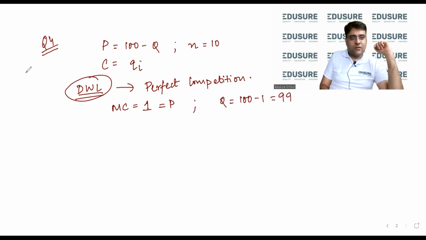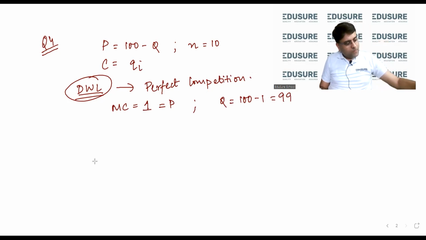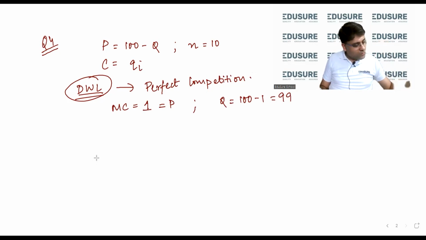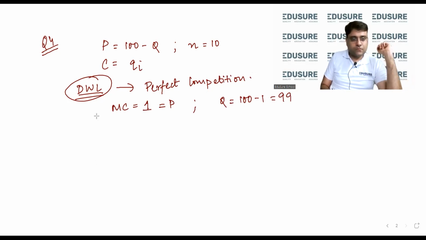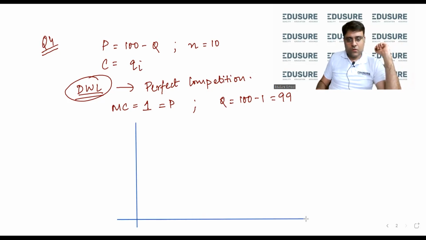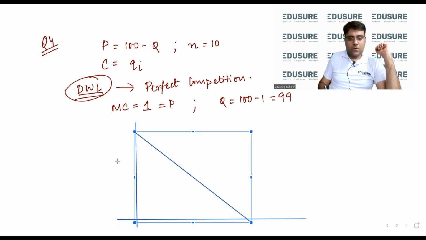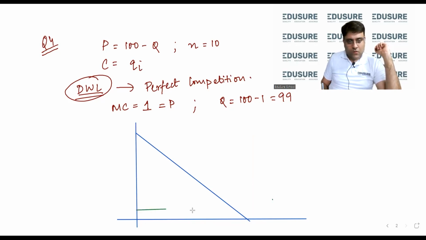So we can draw the diagram according to perfect competition. Quantity 99, price 1.